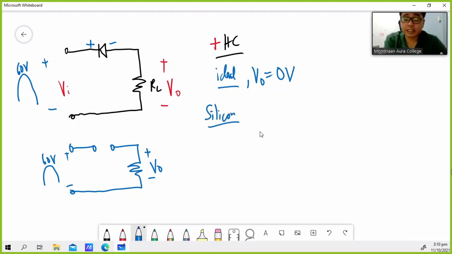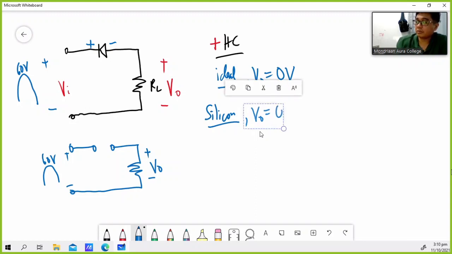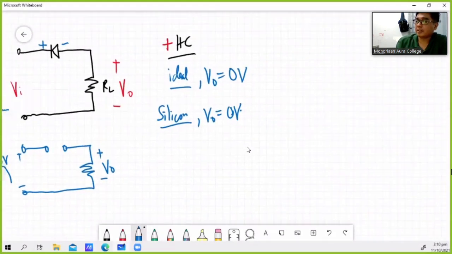Nagkakaroon lang naman tayo ng threshold voltage kapag ito ay naka-forward bias, di ba, 0.7. Pero kapag naka-reverse bias siya, it's still considered as an open circuit. Therefore, kapag silicon ang ating diode, ang output voltage mo during the positive half cycle is still equal to 0 volts. Okay?